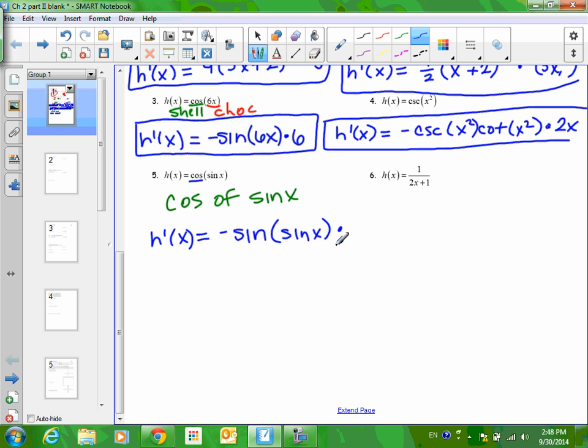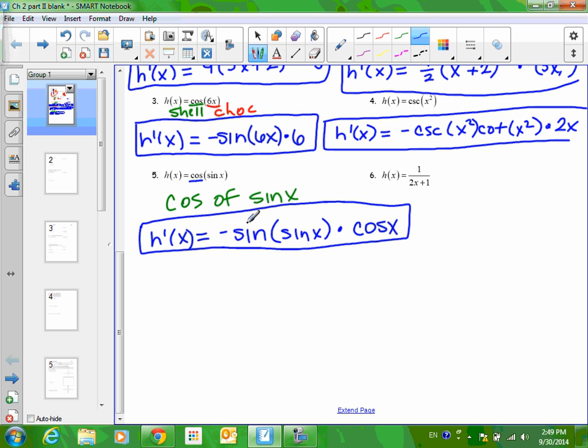Then you multiply by the derivative of the inside. So the derivative of the inside sine x would be cosine x. If you're thinking this was a lot easier up here, now it's getting more difficult, it could be because I'm not writing shell and chocolate on the problem. That may be something you want to do.